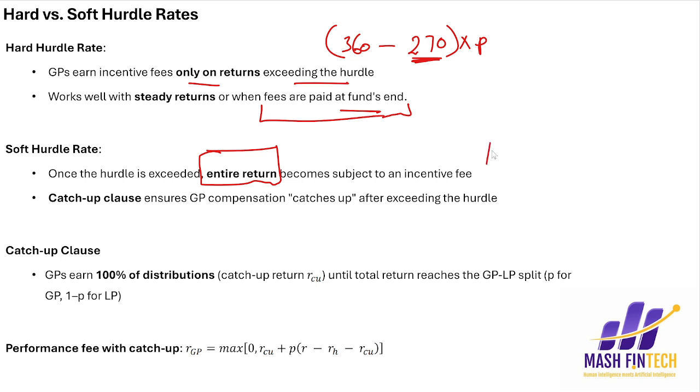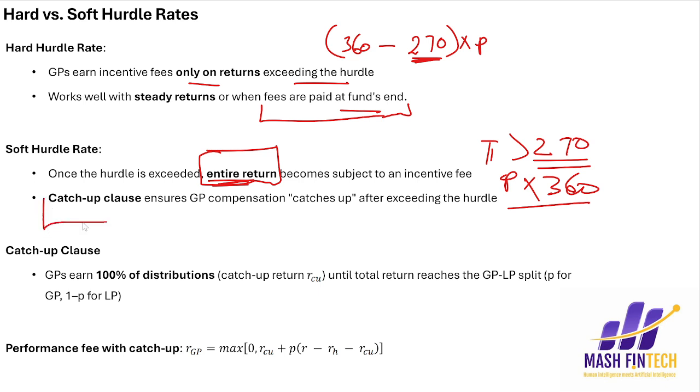Once you exceed this 270, you get the percentage of the entire return. So the percentage for the general partner is on the 360. That's the difference here. So here it's only the percentage on what is above the hurdle, but here it's the percentage on all of the entire return.